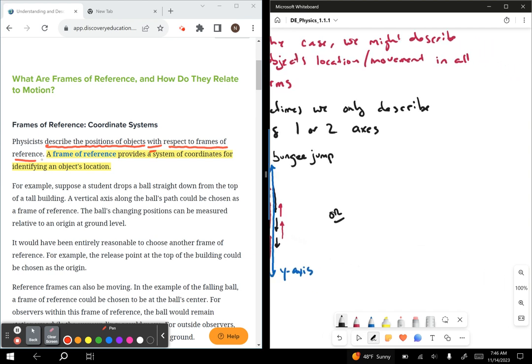Sometimes we may describe something like somebody shooting an arrow. You have somebody, and they have a bow and arrow, and they're going to shoot the arrow, right? And we describe the motion as the arrow goes something like this.